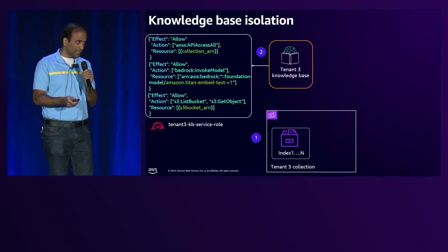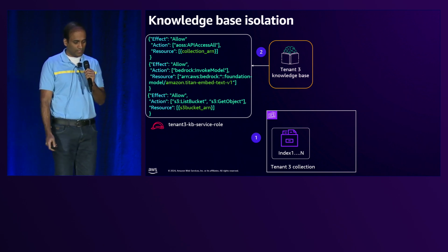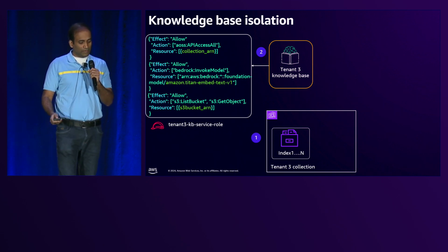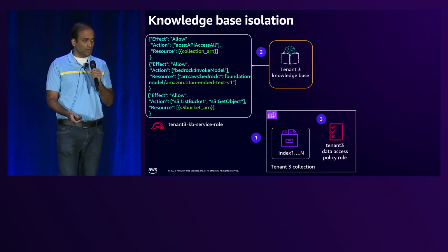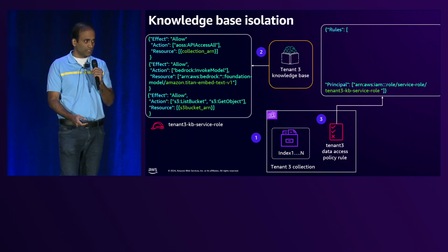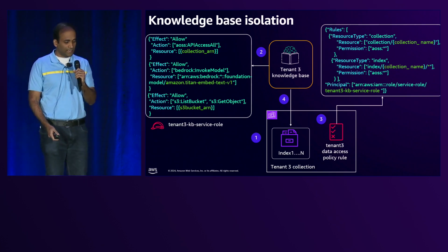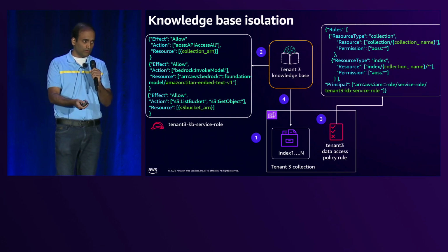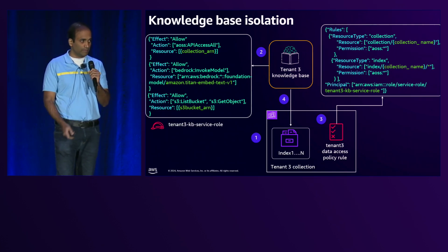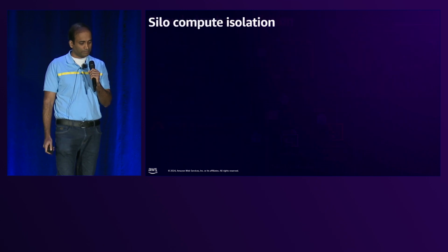Since it's a dedicated S3 bucket, you're giving direct access to it. And then at the OpenSearch Serverless collection, you would use the data access policy. If you look at the data access policy, the first thing you would see is that you define the principal. Then you look at the set of permissions, where you are making sure this knowledge base is only interacting with this dedicated collection. This is how you would enforce tenant isolation in the case of the premium tier for the knowledge base.